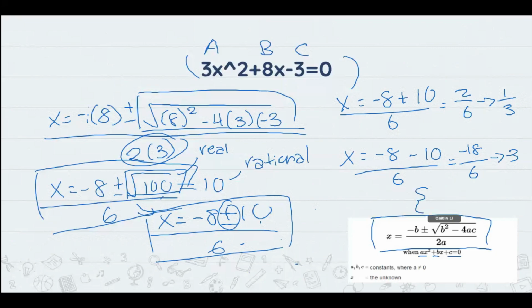Now I'm just going to write both of these numbers into our bracket, and this is considered unequal.